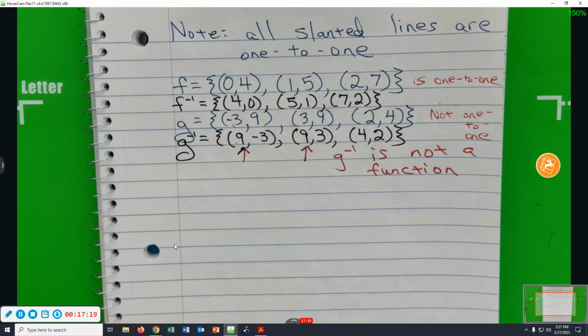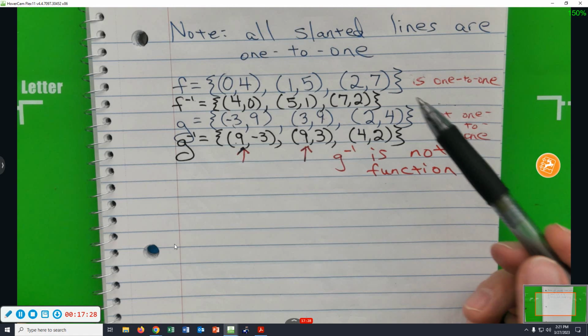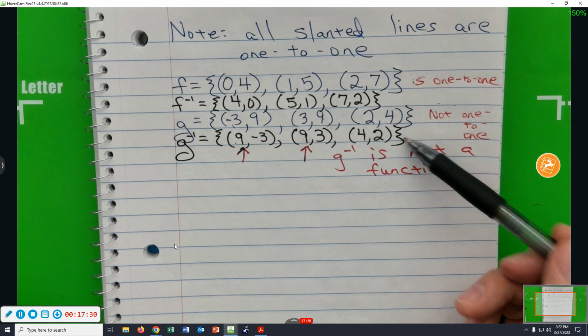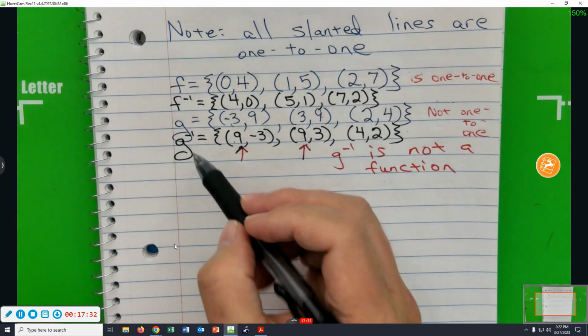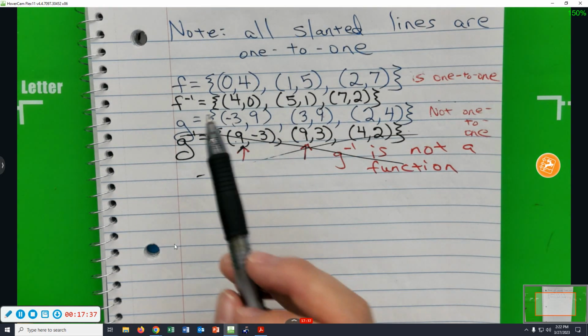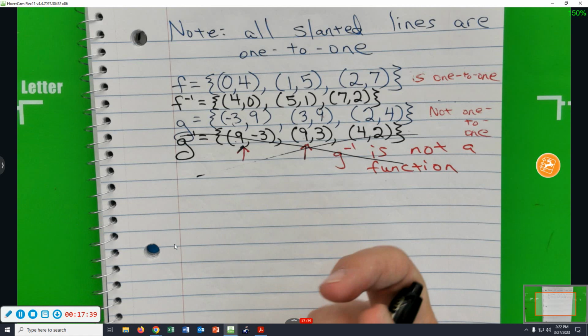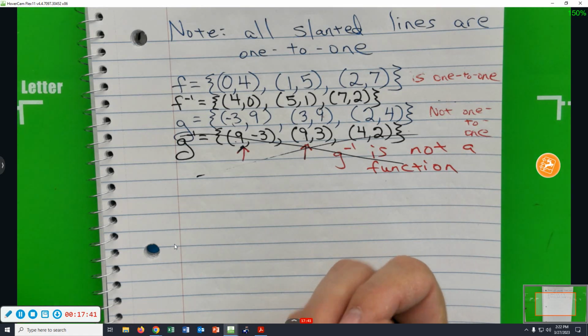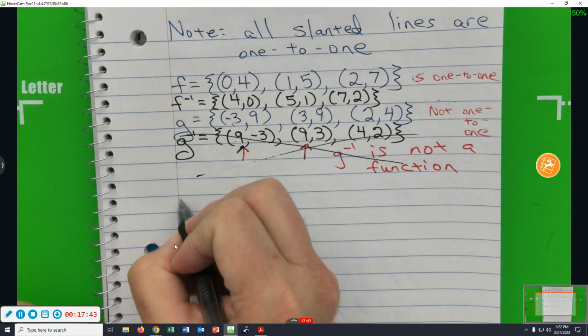The only reason we discuss one-to-one functions now is because only one-to-one functions have inverses that are functions. Yes, we can still form the inverse, but the thing that we're going to get is not a function. And in general, if the function isn't 1 to 1, we're not going to want to find the inverse, okay? So I'm going to say this is an important note.